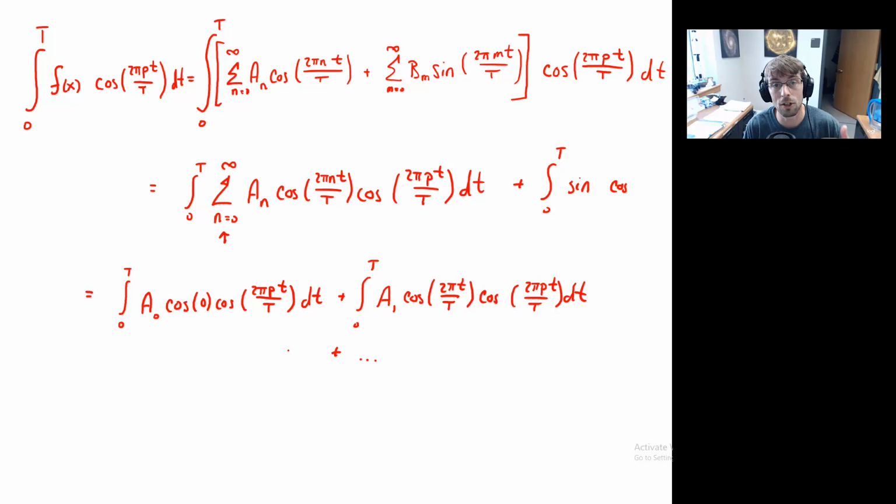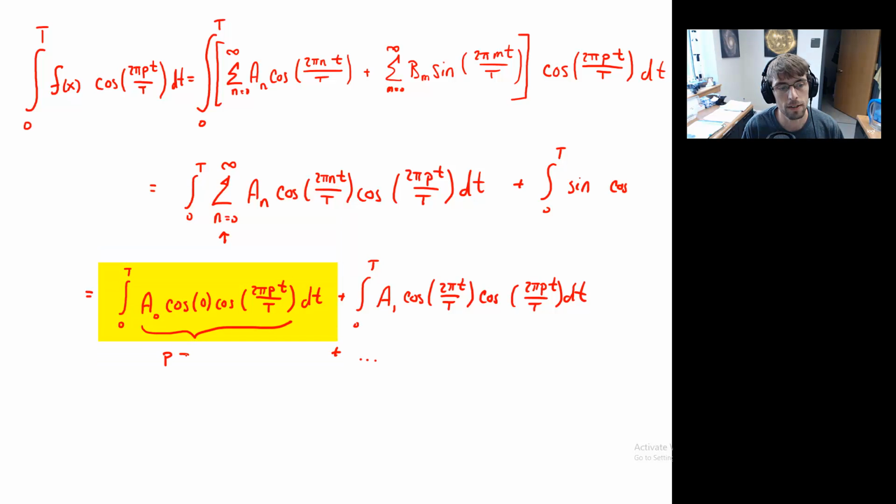Because n is going to go from 0 to infinity, the next one would be 4 pi t over T, and then 6, 8, 10, and so on. Now here's the question for you. Ready for it? Let's look at this first term now.